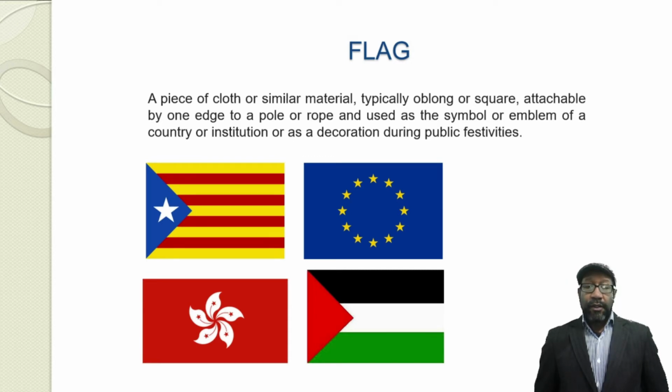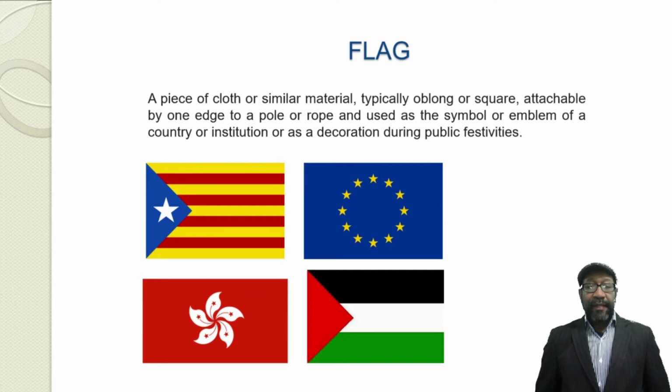So, do you know what this flag is from? This flag belongs to Catalonia. Catalonia is not a country yet, but it's a region in Spain that fights for independence. Right? Barcelona is part of Catalonia, right?